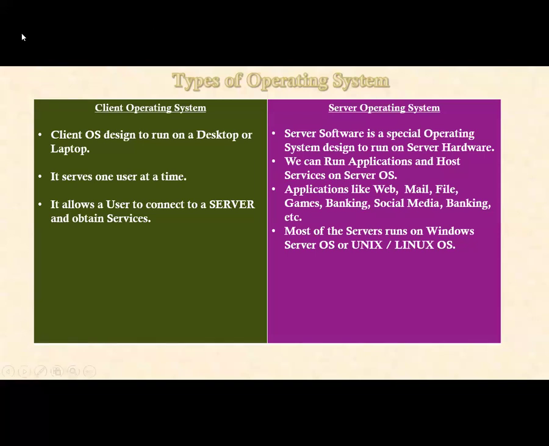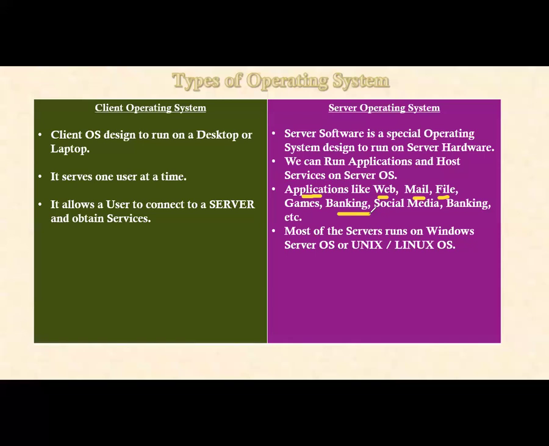What can we do in a server machine? In a server machine, we can run applications like a web server, a mail server, a file server, a banking server, or any server. A server operating system is used to run a particular application. Just imagine, my friend, in the last two, three days, what you did on your mobile phone.